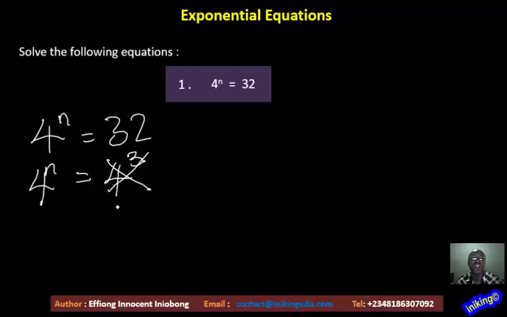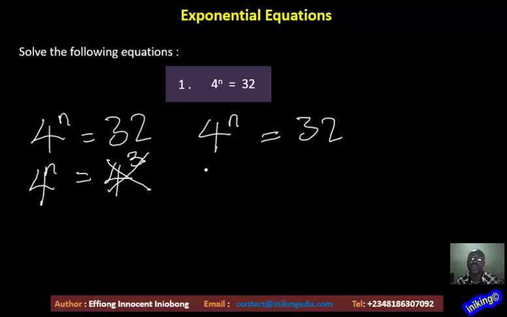4 raised to power 2 is 16. 4 raised to power 3 is 64. Then we need something in between. Since 4 cannot be used, can we get a smaller base? Yes, I can express 4 as 2 raised to power 2. So instead of taking it that way, I'll start all over again. 4 raised to power n is equal to 32.